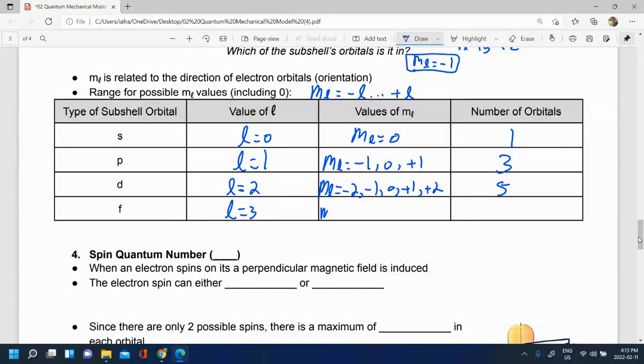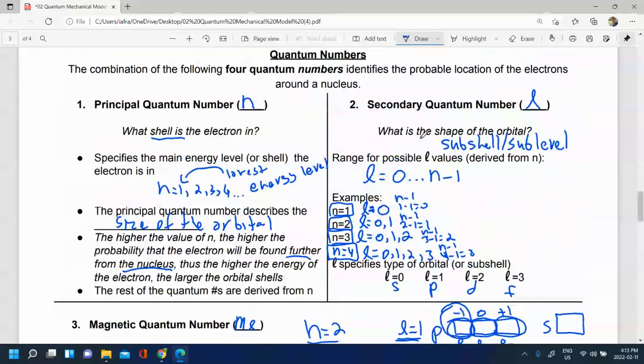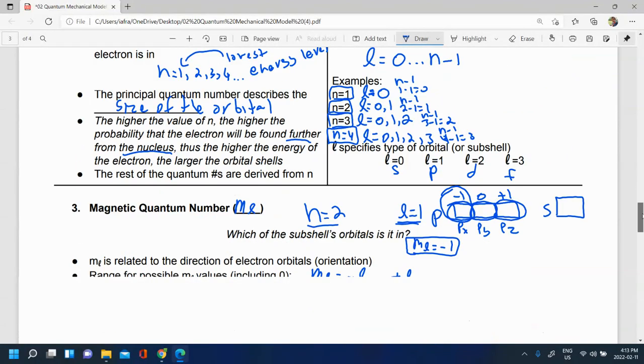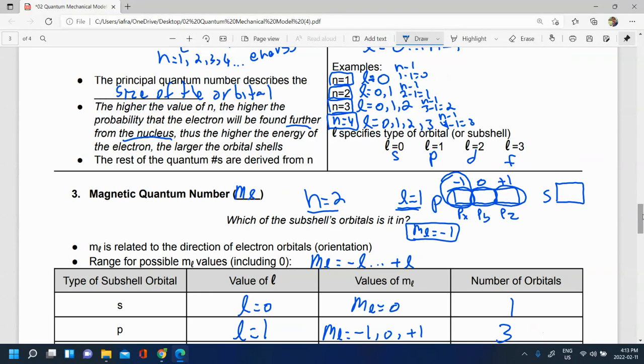So ml values are going to be -3, -2, -1, 0, +1, +2, +3. And that's 7 orbitals within there. So now I gave you more detail. I said you're on Earth, Canada, and then Ontario, right? So I told you the specific box that you're in when you did that.